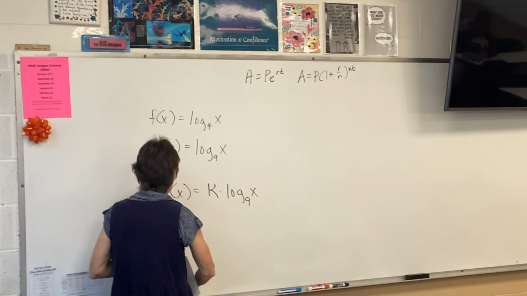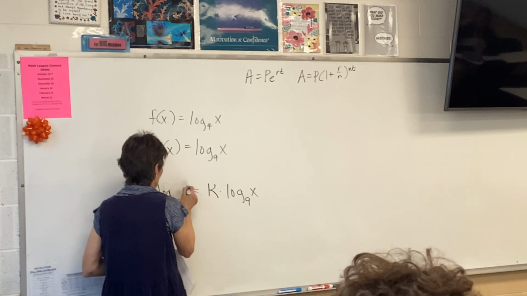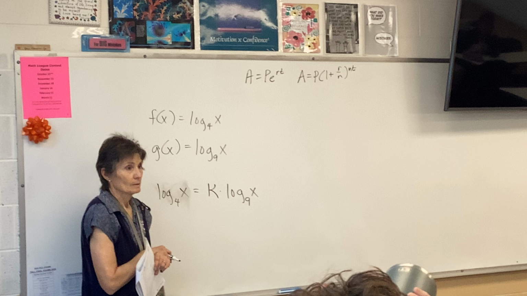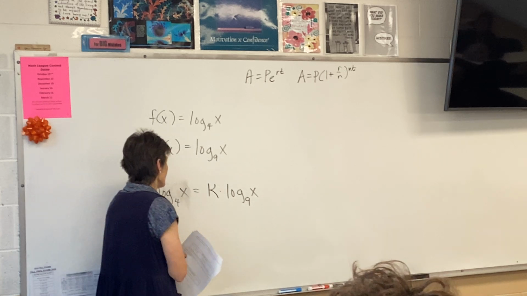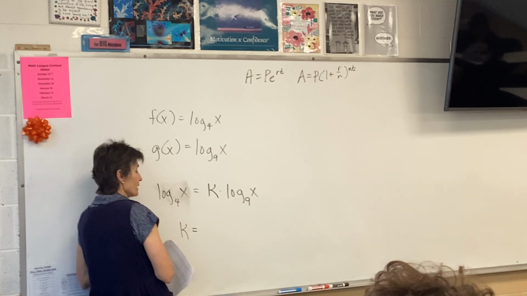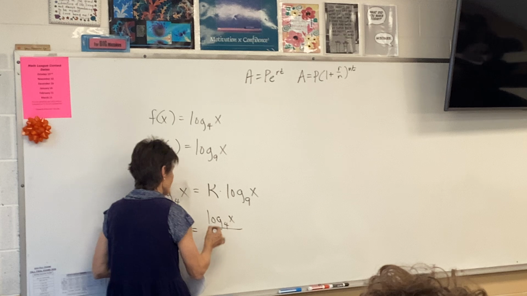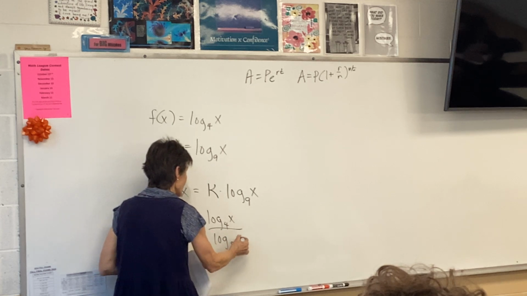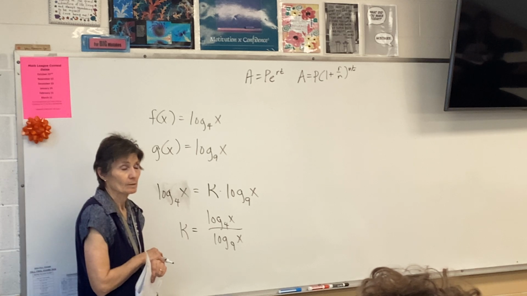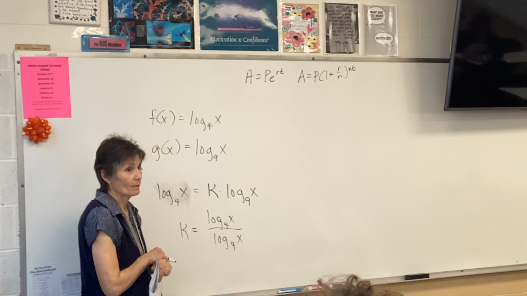So f of x is... would you agree with that? Okay. So what's the something? Well, the something would have to be the log base 4 of x over the log base 9 of x. Would that be right?